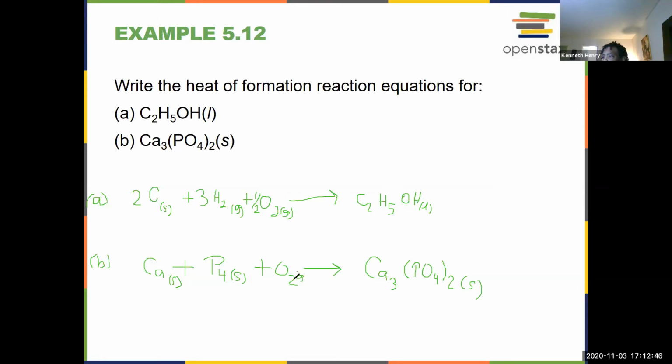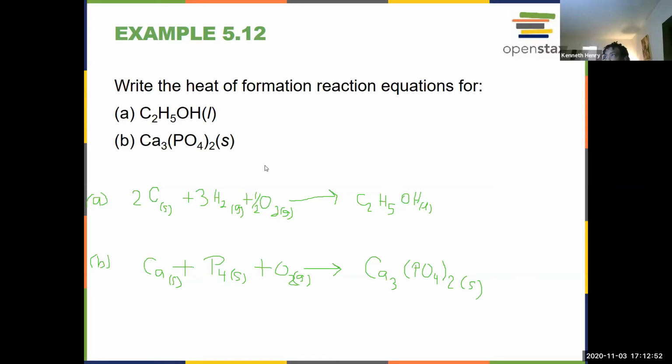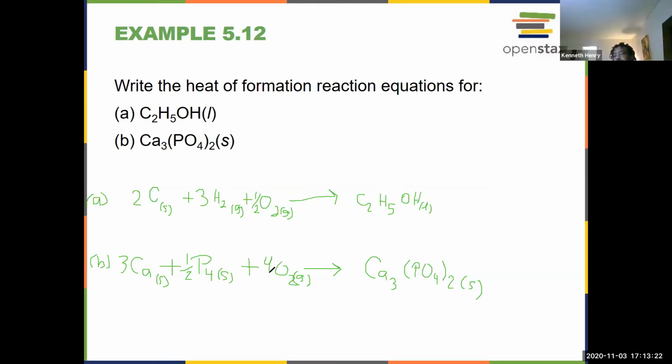Is that balanced? Not yet. What do I need to do to balance it? 3 on the Ca reactant, then 1/2 P4, then 4 on O2. Okay, piece of cake.